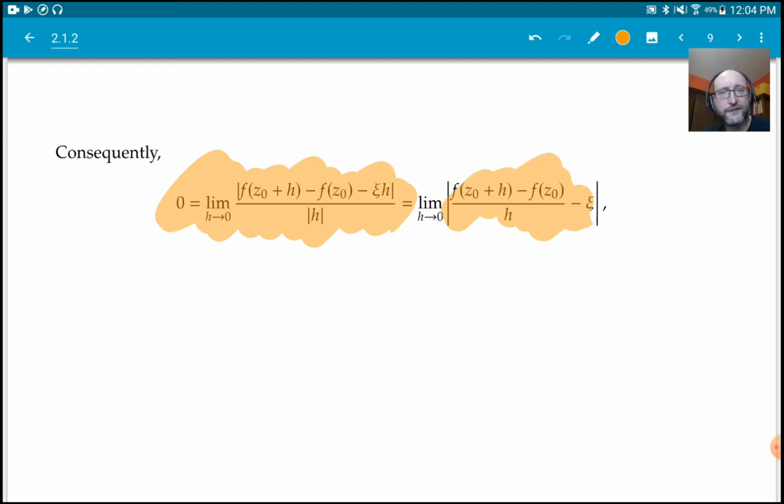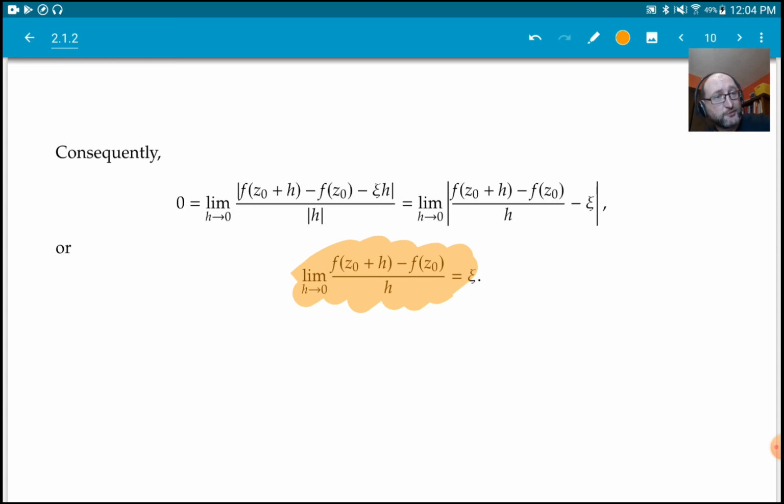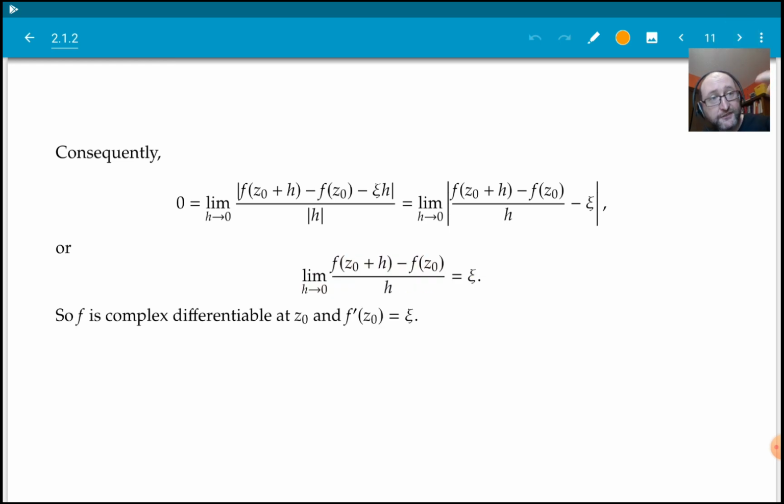We pull the absolute values out, and then we can cancel out the h on the c, and we get that this goes to 0. Aha! That means that this limit exists, right? Well, that's precisely what we said in the definition. That's the complex derivative, right? And c is that derivative, right? So we have that f prime at z0 exists and is equal to c.